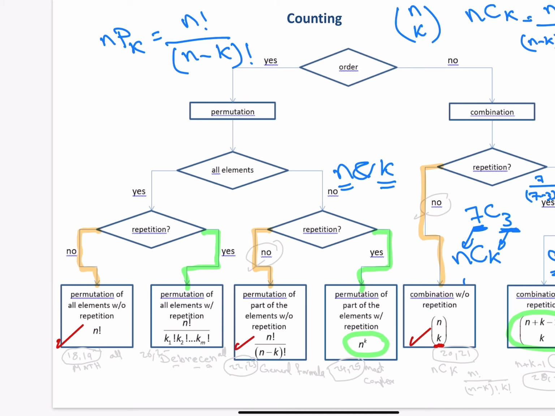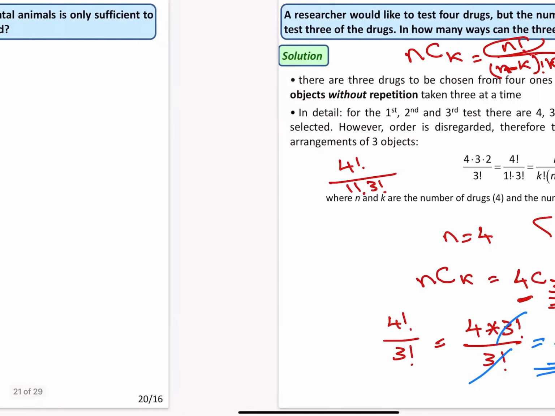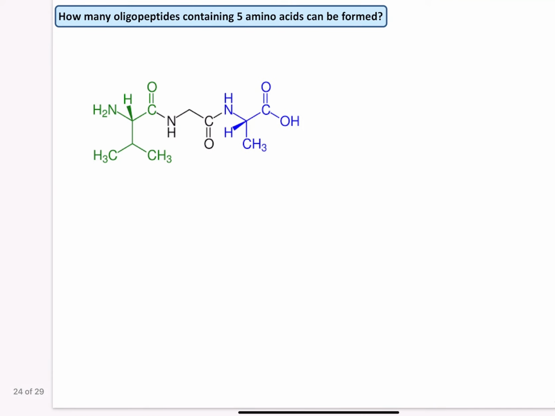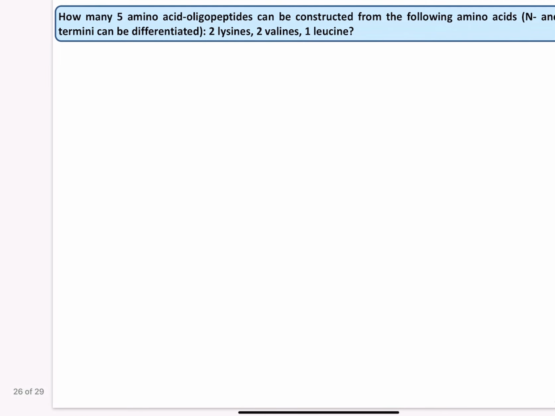So, coming to the permutation with repetition, like Debrecen, like Mississippi, it is the same way, but we will divide by the factorials of the repetitions. If you go to page 26, because it is biostatistics, most of the examples here are related to biology.